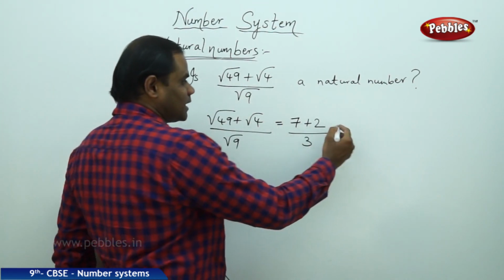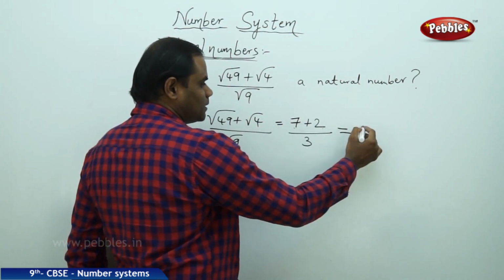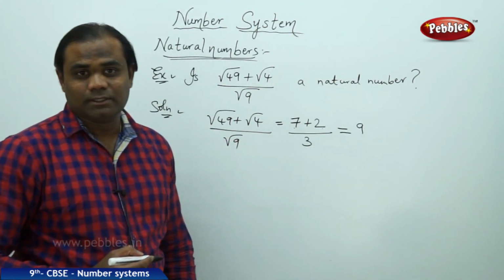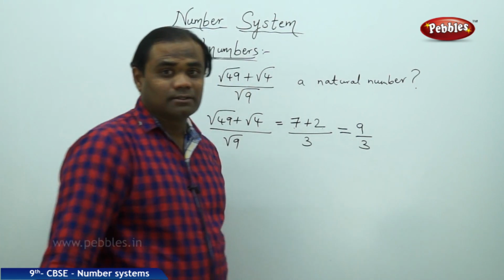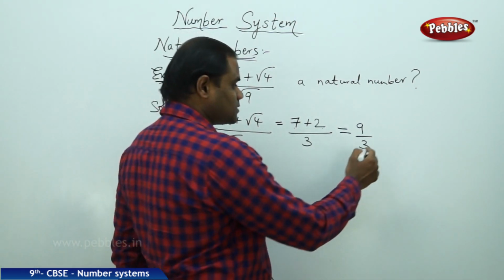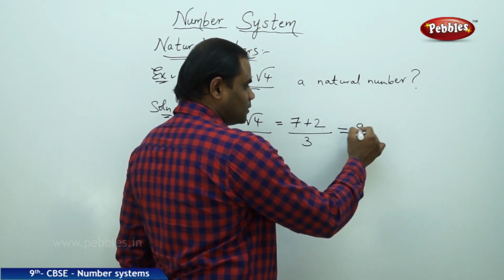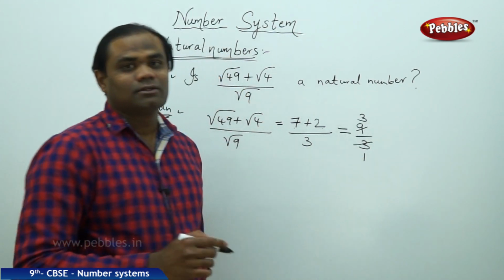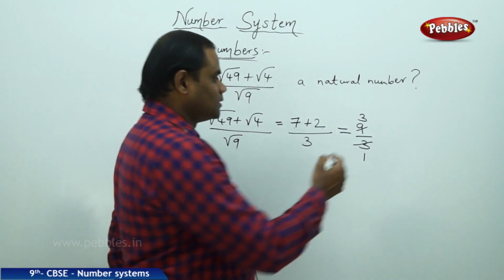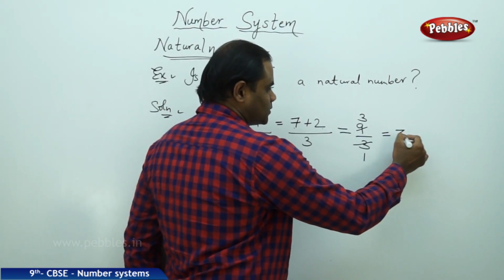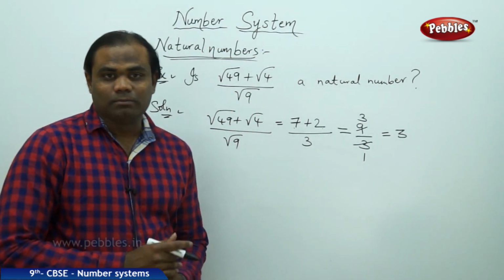Then 7 plus 2 can be added to get 9, and the denominator is 3. So this can be further simplified, as the denominator and numerator get cancelled 3 times in the numerator. So 3 1s, 3 3s. My final answer is 3 for the given problem.